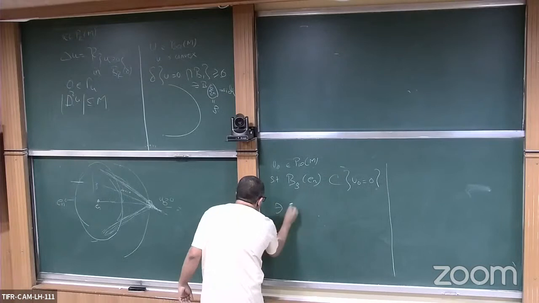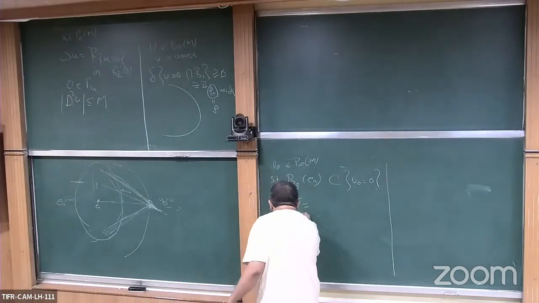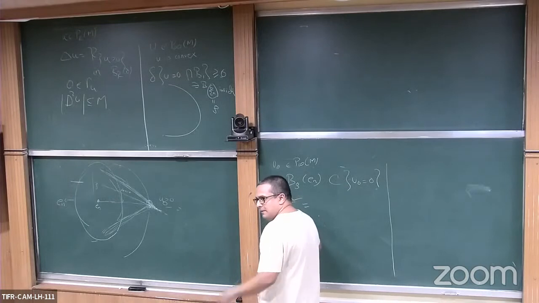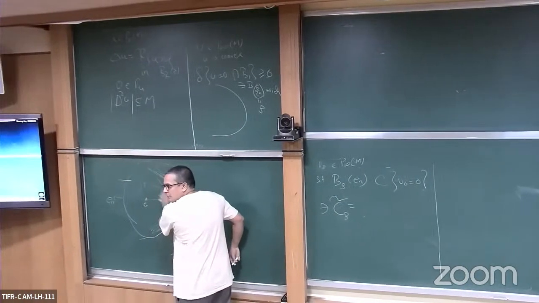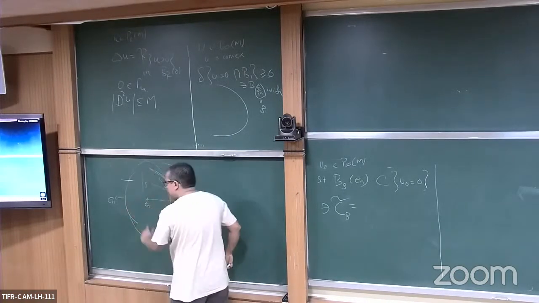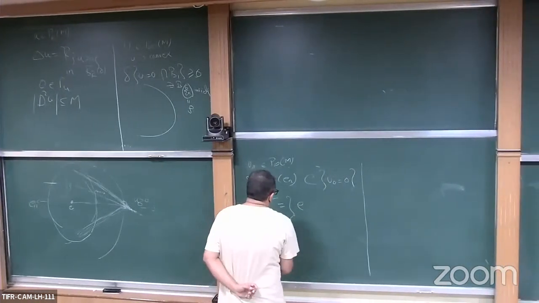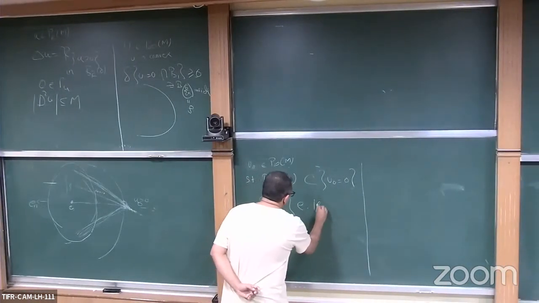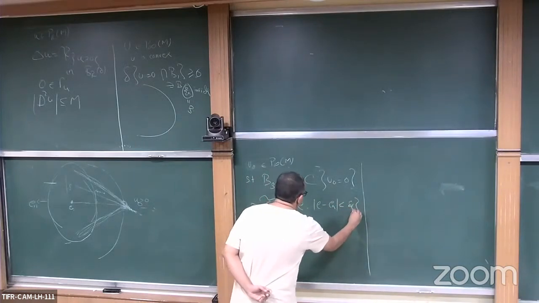Then there exists a cone of monotonicity, depending on rho, because the number of such things that you can do depends on the size of this ball. So there exists a cone of monotonicity, which is the set of all E such that E minus En is less than delta, and this delta depends on rho.